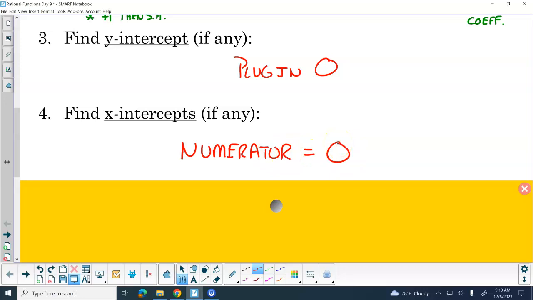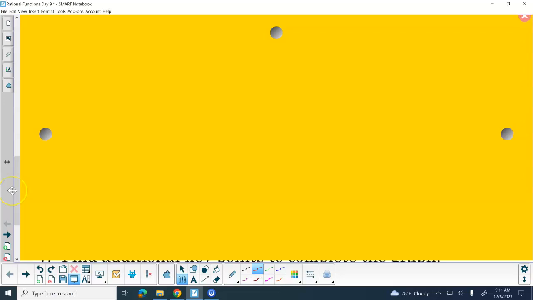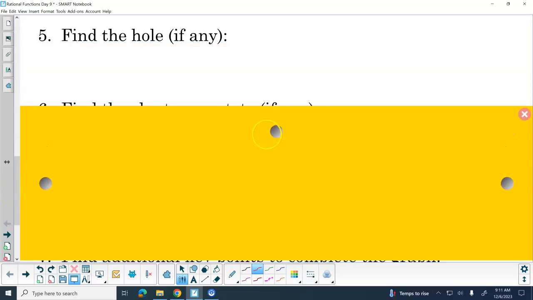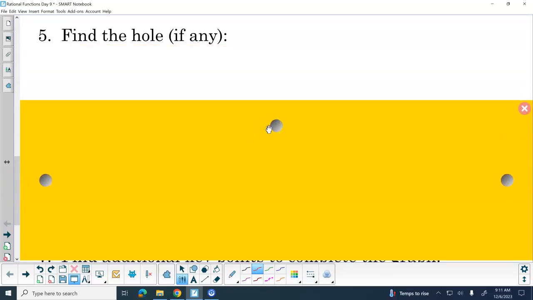Okay. Step 5. Holes. Okay. What do I need to remember with the holes? Set the what? Whatever we factored out in step 0.